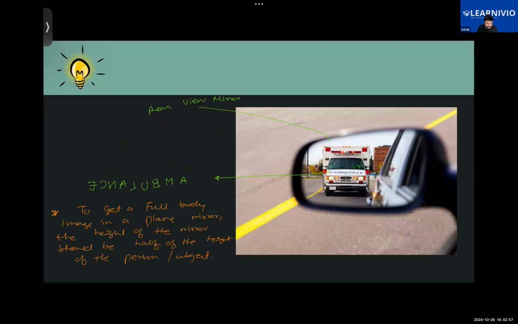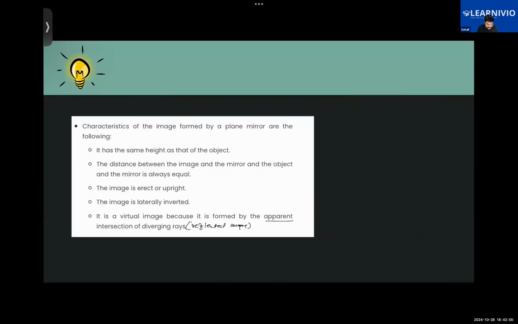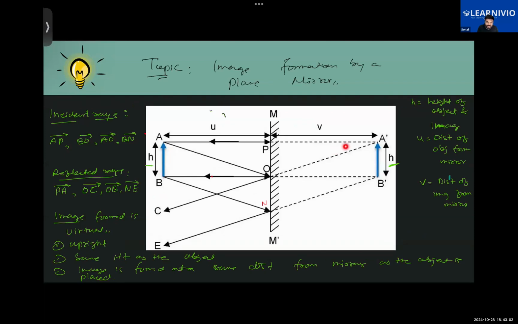Take the example of this one, which we have discussed moments ago. Are the rays actually meeting behind the mirror, or do they appear to be meeting behind the mirror? They appear to be meeting behind the mirror. So that is the fundamental difference between real and virtual images.